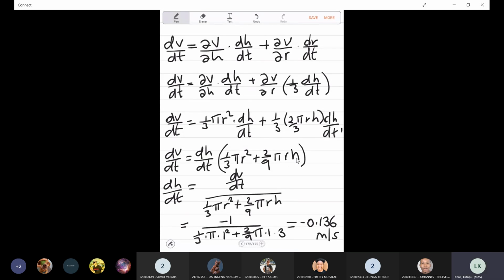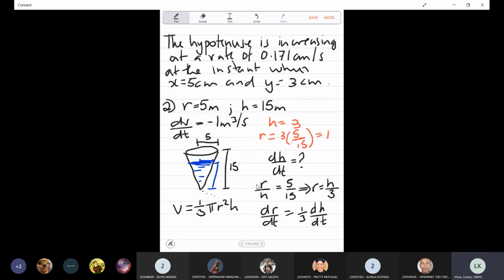Okay, and then dh/dt is dV/dt over 1/3 pi r squared plus 2 over 9 pi r h, and then it's just substituting. The only other thing is the radius here, say 3 times 5 over 15.